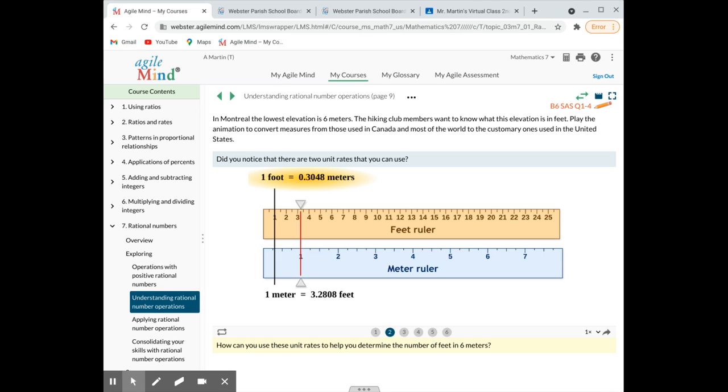And what else should we have? 1 meter is equal to what? So it looks like I'm going to have to start calling on people and knocking some points off if I need to. Haley, 1 meter is equal to what? 3.2808. All right, that's what we should have for number 1.